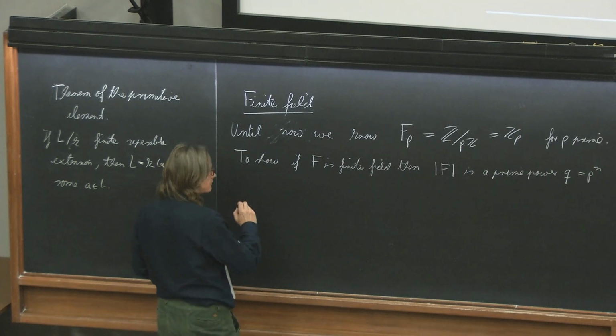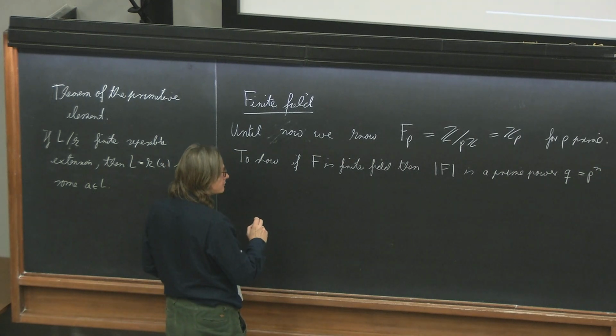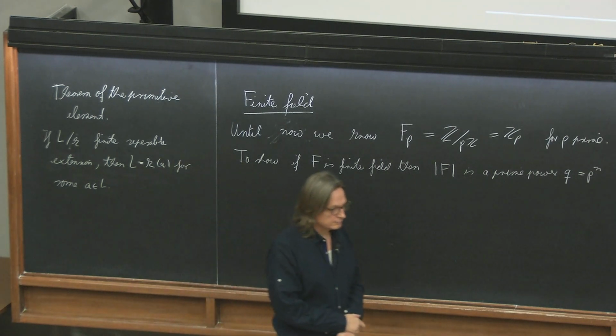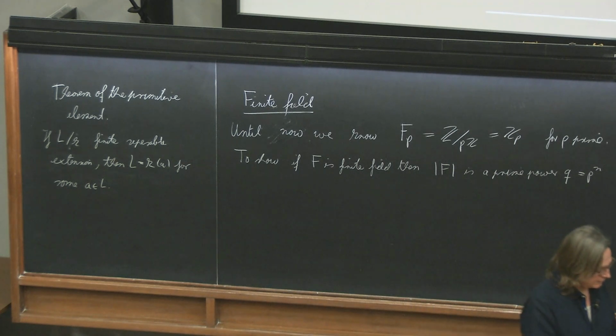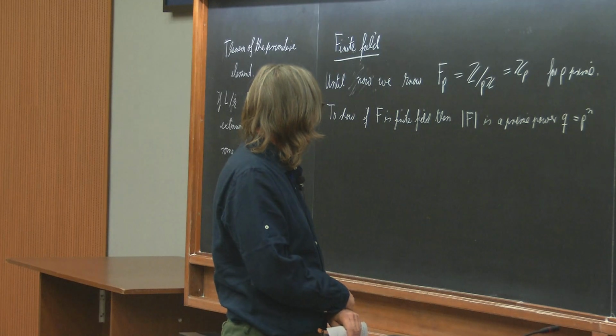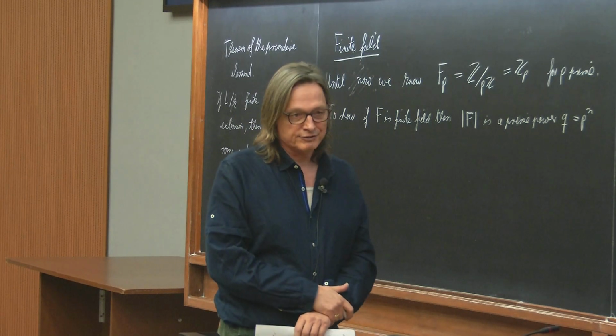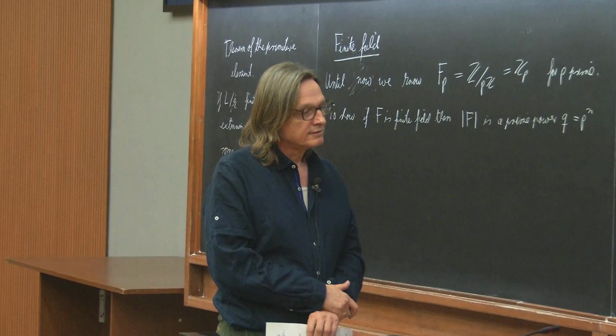And this is just a corollary of Sylow's theorem. I don't think so, no. Why should that be a corollary of Sylow's theorem? Because Cauchy's theorem also implies this fact.